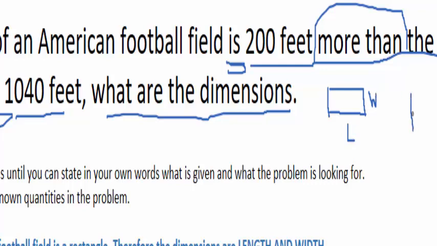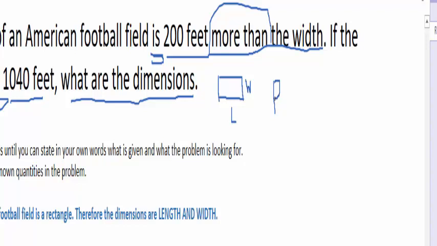And perimeter, we'll put P for perimeter, is equal to 2 lengths plus 2 widths, because the perimeter is just if I were walking around the outside of the football field. I'd be walking 2 lengths and 2 widths. So that's my perimeter.